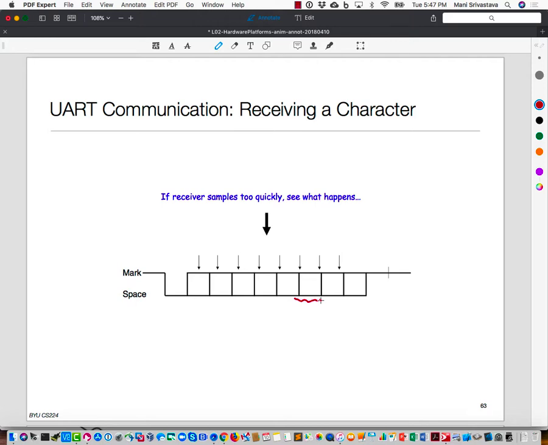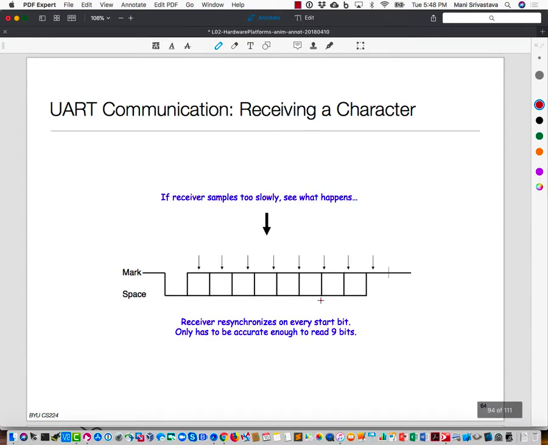Again, remember there are 2 different clocks involved here. The receiver has its own oscillator, the transmitter has its own oscillator. If they are misaligned, bad things can happen. So usually the standard also requires that your oscillators be good enough to work. If I sample too slowly, then I may miss things entirely.